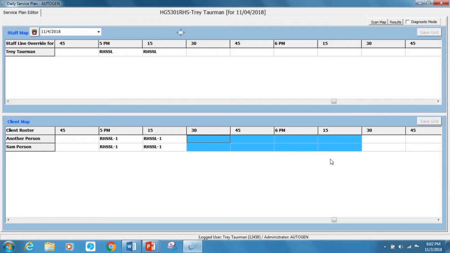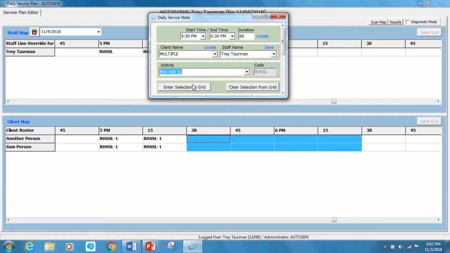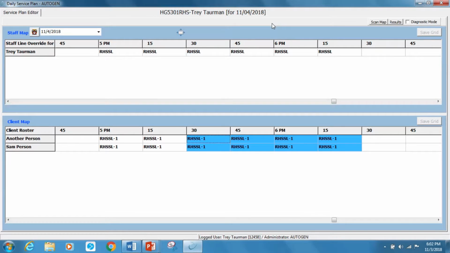Well, if it was just one client, I would use the Community Hab individual code, because that's individual, one client. But if you have two, it's not necessarily individual anymore. So at the time of this video recording, I would say use ResHab if you have 2 or more clients with you.